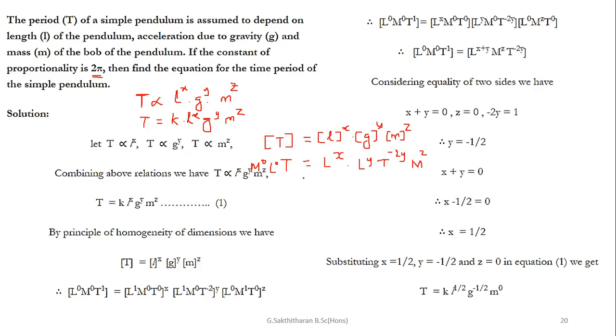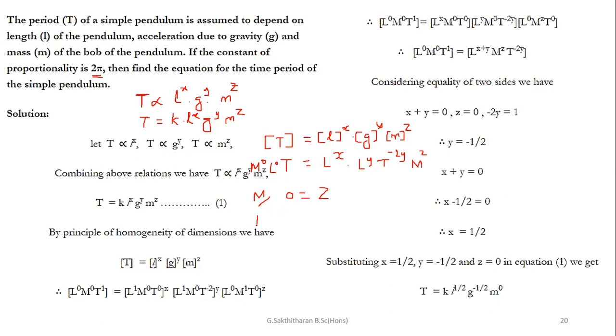First we equate the power of the mass. Left hand side is 0, right hand side M to the power z. So the value of z is 0.